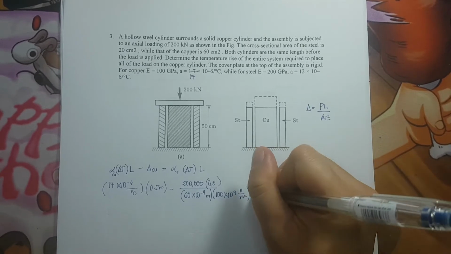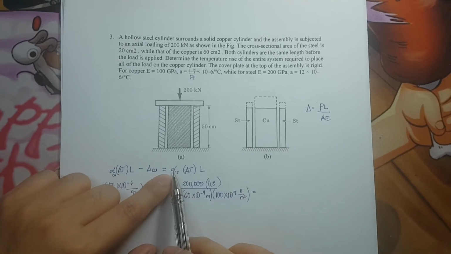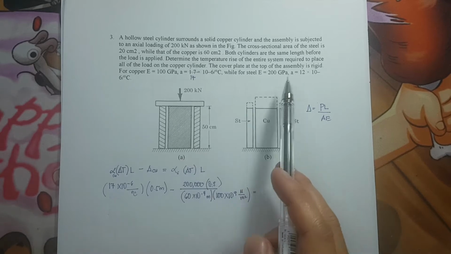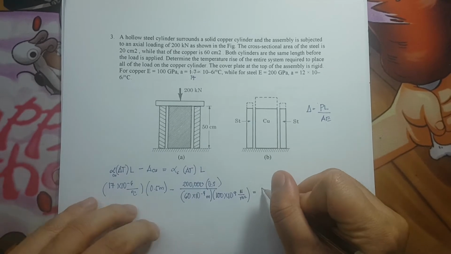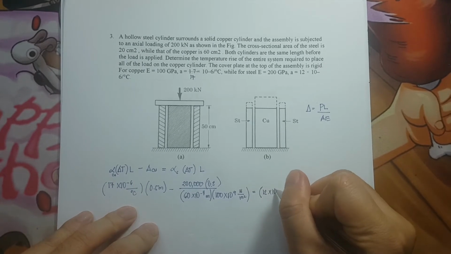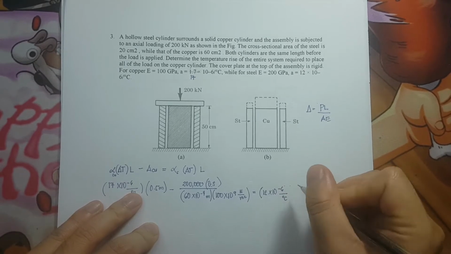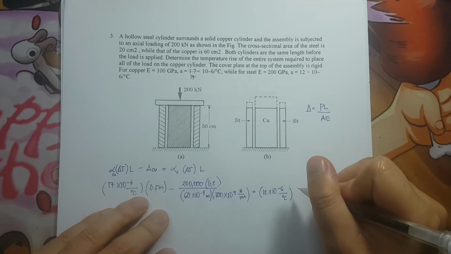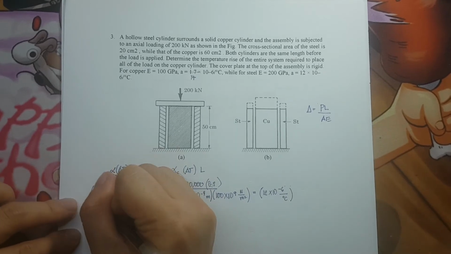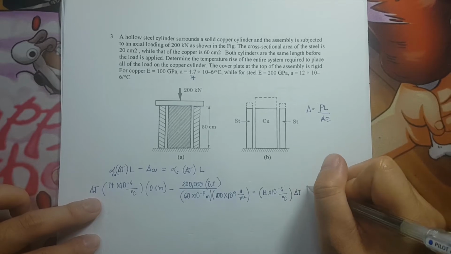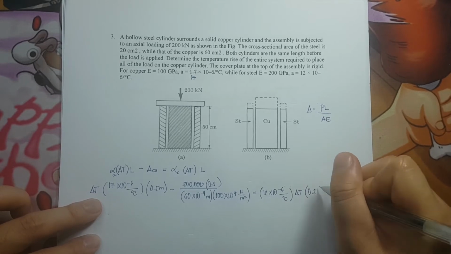Okay? Is equivalent to the coefficient of thermal expansion for the steel, which is 12. So we have there 12 times 10 raised to negative 6 per degree Celsius times delta T. We forgot here the delta T. Times delta T, and we also have here delta T times the length of 0.5.